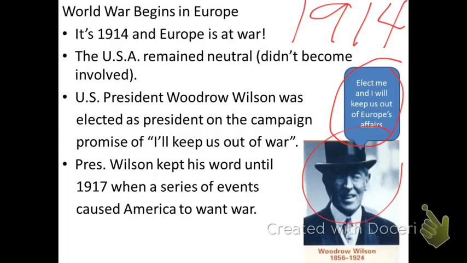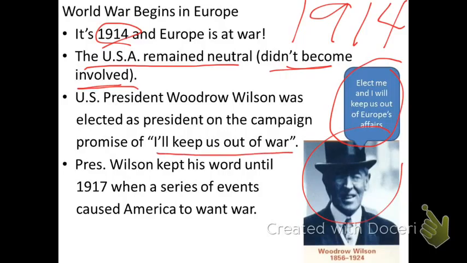When 1916 rolls around, the war had been in place in Europe for a year and a half to two years. We were still neutral. We didn't get involved with the war that had started in 1914. So when the election of 1916 rolls around, Woodrow Wilson runs on the slogan, "I'll keep us out of war," or "Re-elect President Woodrow Wilson, he kept us out of war."